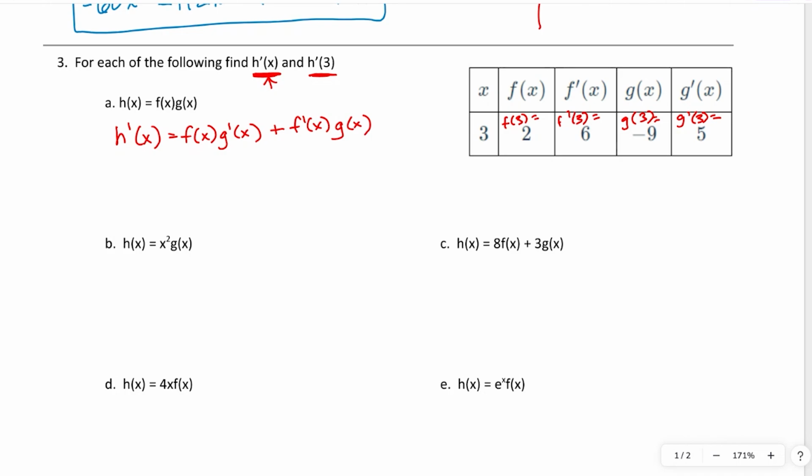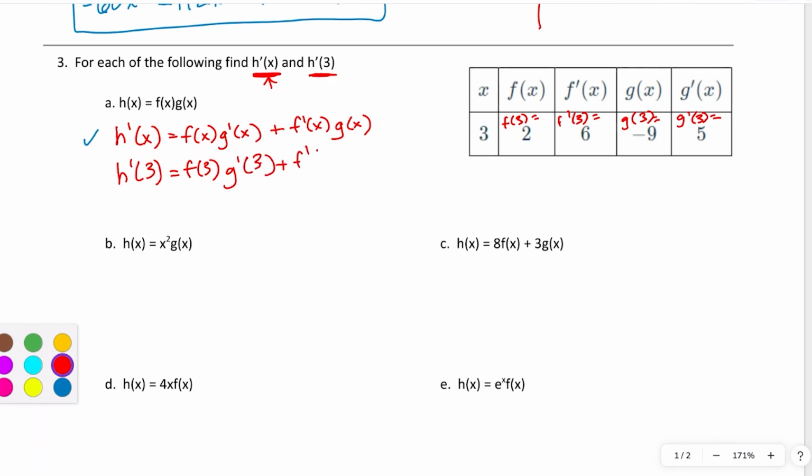So that's our h prime of x. Now we want to do h prime of 3. So we want to find the slope of this function when x is 3. So that'll be f of 3 times the derivative of g at 3 plus the derivative of f at 3 times g of 3.